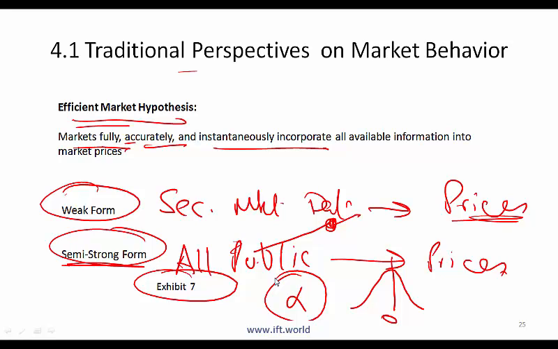The curriculum here at level 3 doesn't even talk about strong form. Do you recall what strong form was? It was that even private information is incorporated, but markets are definitely not strong form efficient, so that's not even mentioned here.